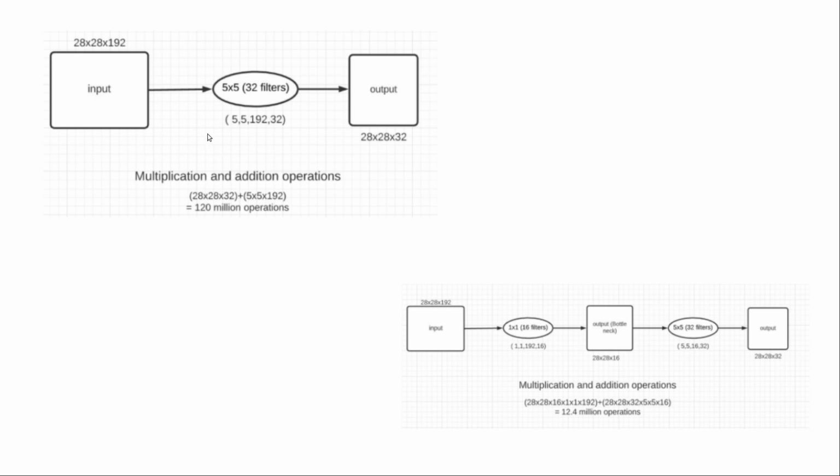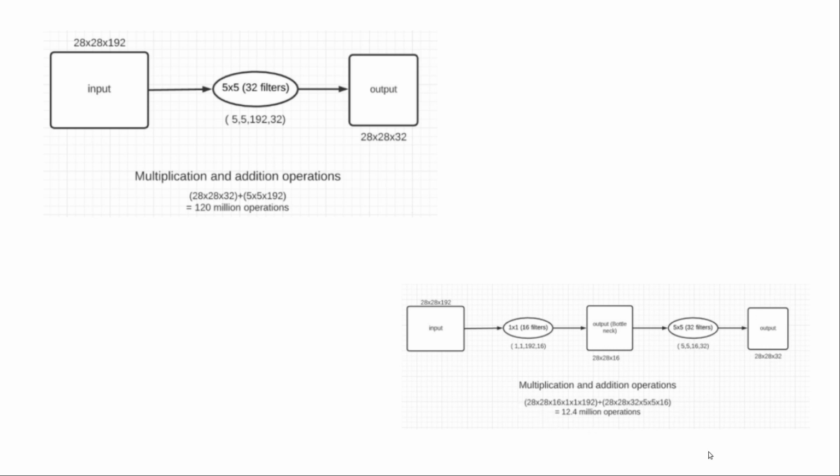Now let's include a 1 by 1 conv in between, and that's my image here at the bottom right corner. Again, I have the same input image, that is 28 by 28 with 192 channels. I have a filter of 1 by 1, and I have 16 of these filters. Then I have an output from this operation, which is 28 by 28 by 16, and then I will have a bigger kernel, which is 5 by 5, and I will have 32 of them, and finally the output.